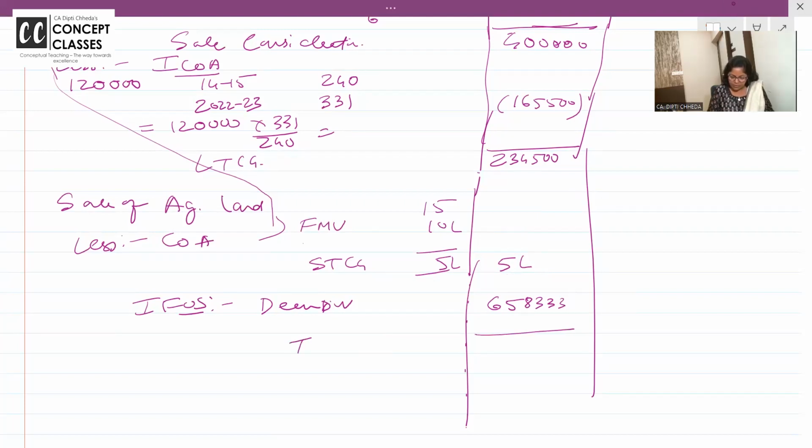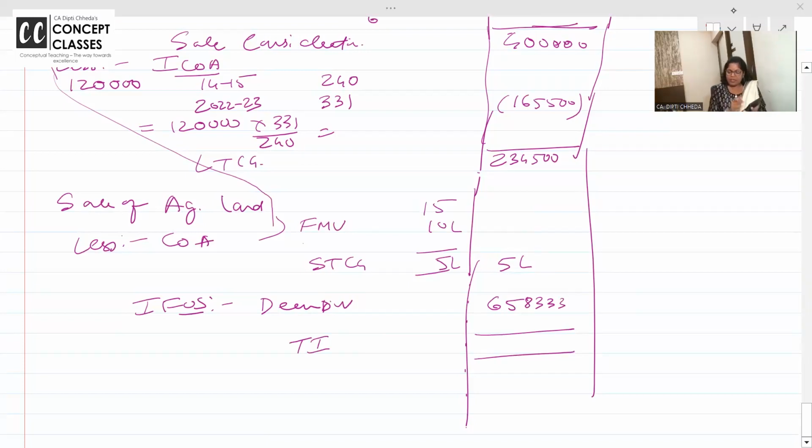Now what is the total income? Ask your doubts if you have any. 234,500 is the long-term capital gain. 5 lakh is the short-term capital gain. And deemed dividend is 658,333. Total: 10,92,830. I hope today's class was not overdosed.